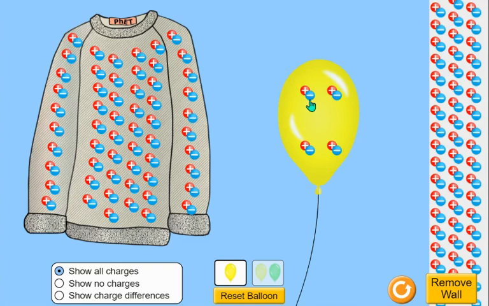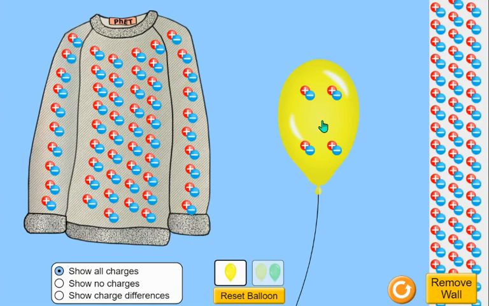It's neutral because it has the same number of negative charges as it does positive charges. Do you see how there's 4 negative charges and 4 positive charges? That means it's neutral. This balloon is neutral, this sweater is neutral, and so is the wall.